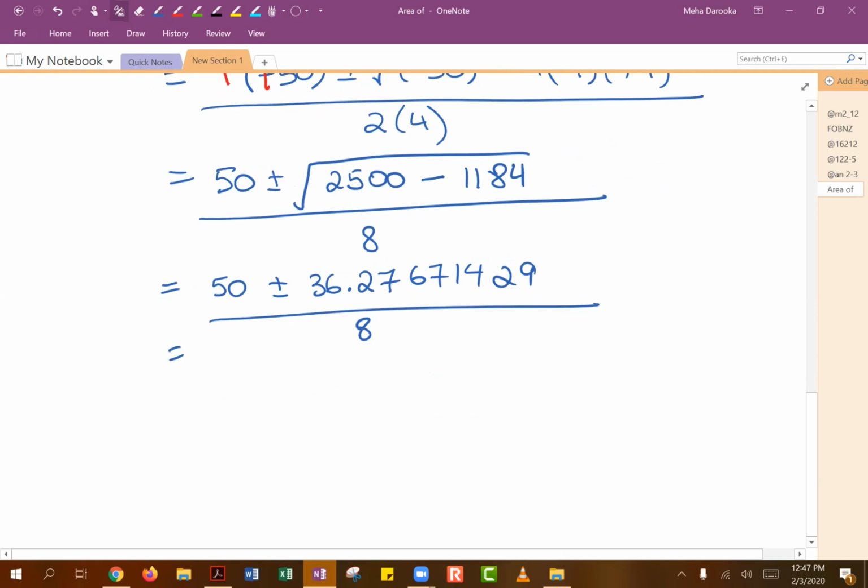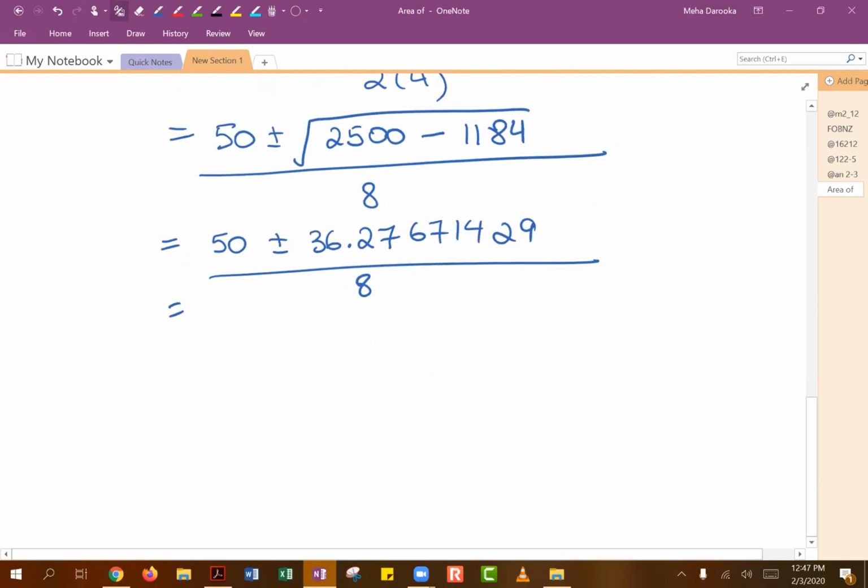You can get decimal approximations, but we still need to break this down into two separate answers. So once you will do with the positive sign, once with the negative sign, and just round it to 2 decimal places. This was just so that I can show you what that basic raw answer comes out to be.